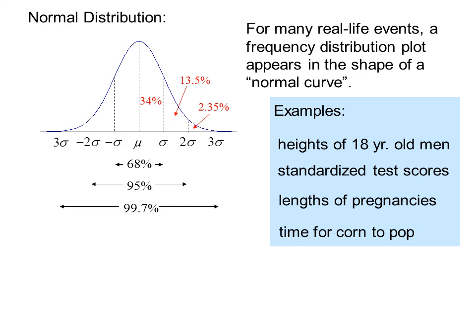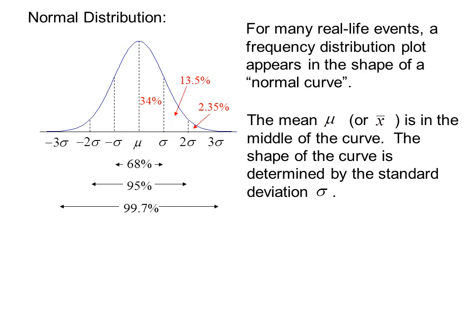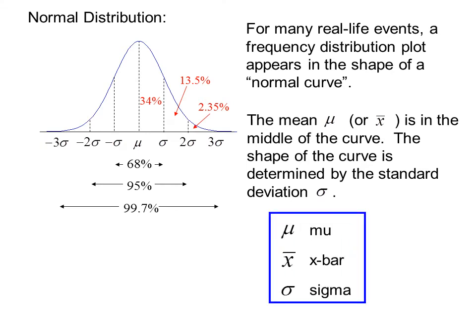In fact, there are an infinite number of examples of real-life situations that can be modeled by a normal curve. The mean, mu, or x-bar, is in the middle of the curve. The shape of the curve is determined by the standard deviation, sigma. So there we have mu, x-bar, and sigma as terms to know.